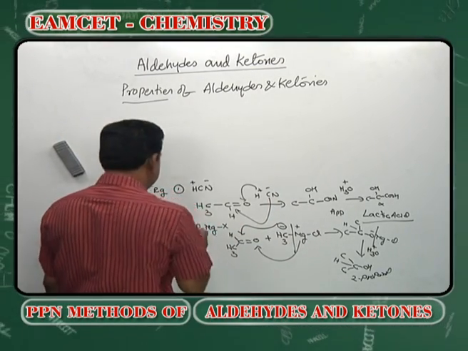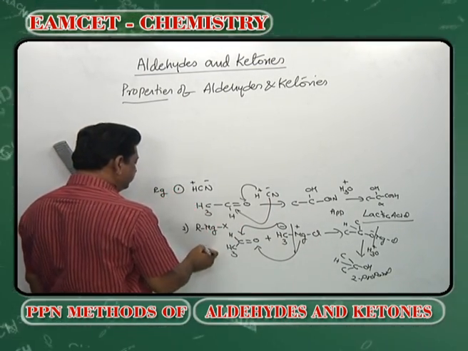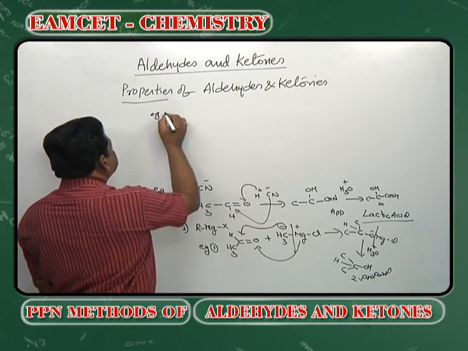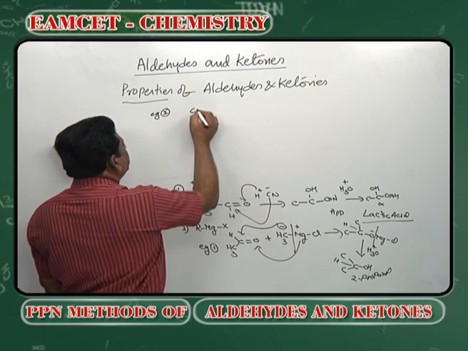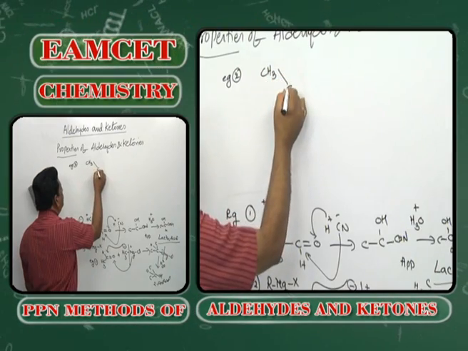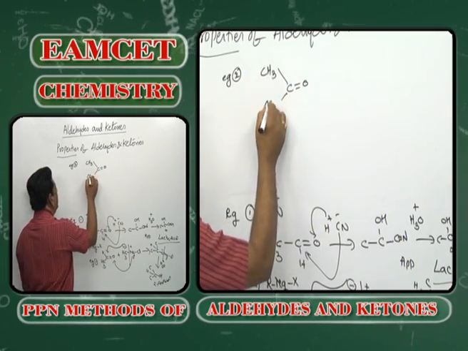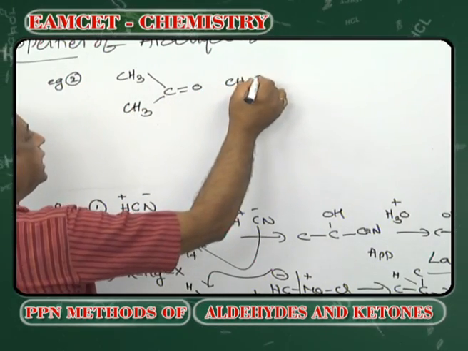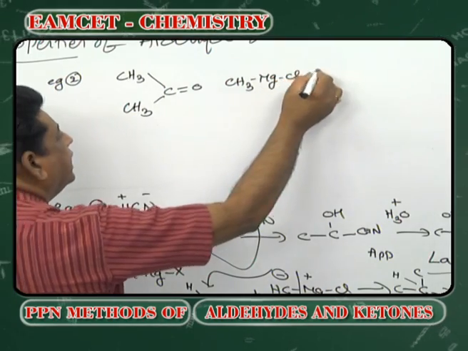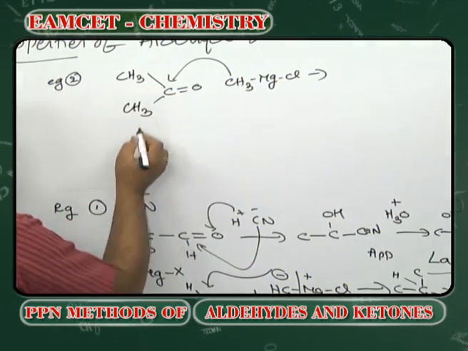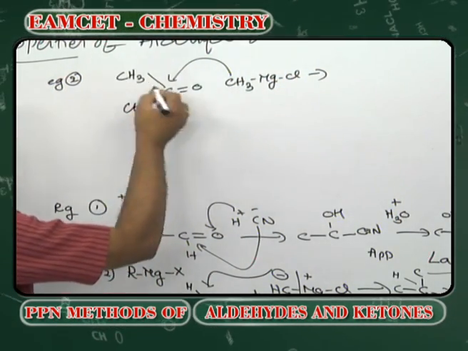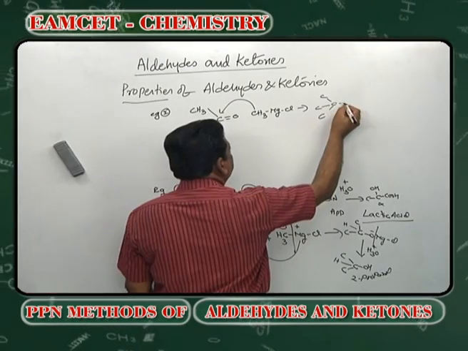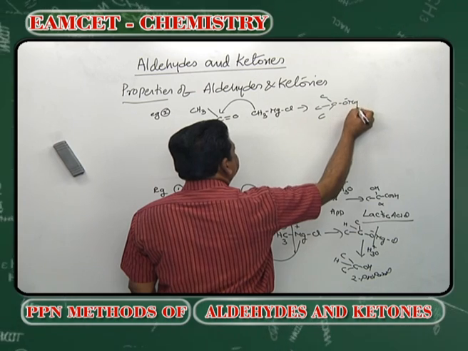Example 1 was with acetaldehyde. Another example, let us take acetone. Acetone has 2 methyl groups, and we add one more methyl from methyl magnesium chloride. The methyl adds on this carbon, which already has 2, so an alcohol with 3 methyl groups is going to form. In between you get a salt.